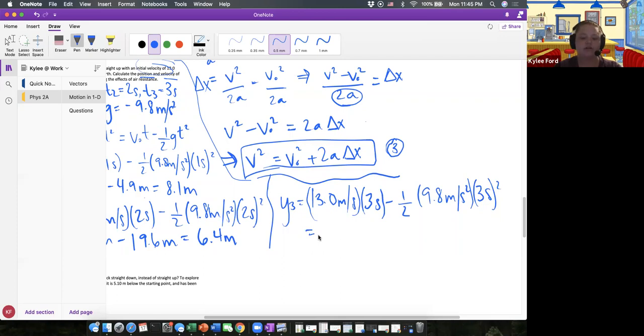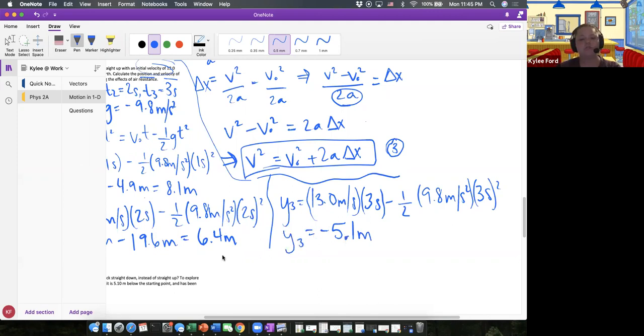I'll do that in the calculator. Make sure that's right. All right, so I get negative 5.1 meters.